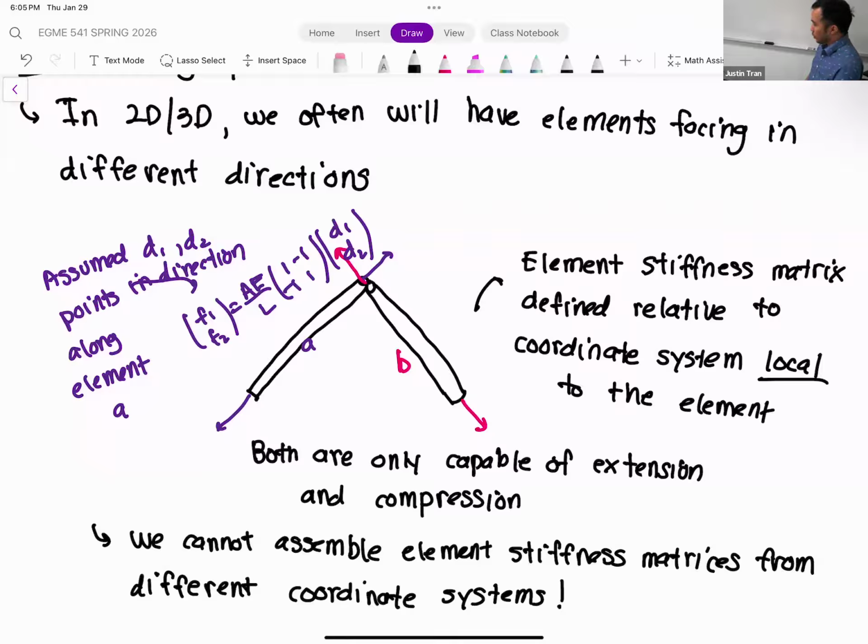Okay. And so in order to fix this issue, we're going to need to perform a change of coordinate systems. The element itself is fixed in space, but we need to redefine the element stiffness matrices relative to some universal, or what I call stationary, coordinate system.